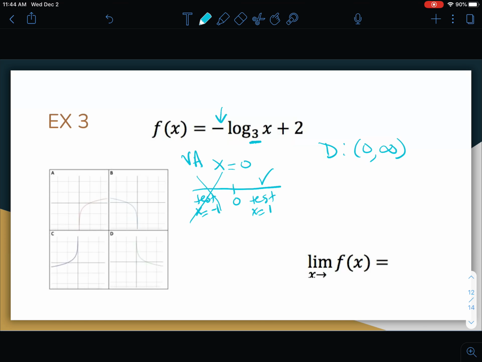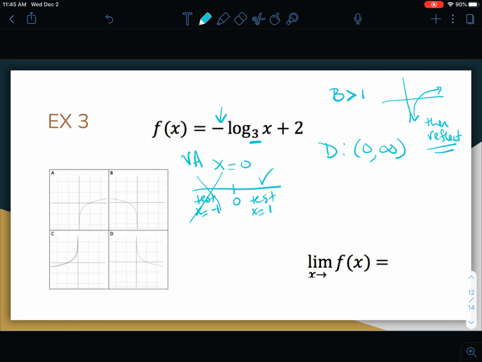Now, when the base is greater than 1, the graph is going to look like this. Then reflect.